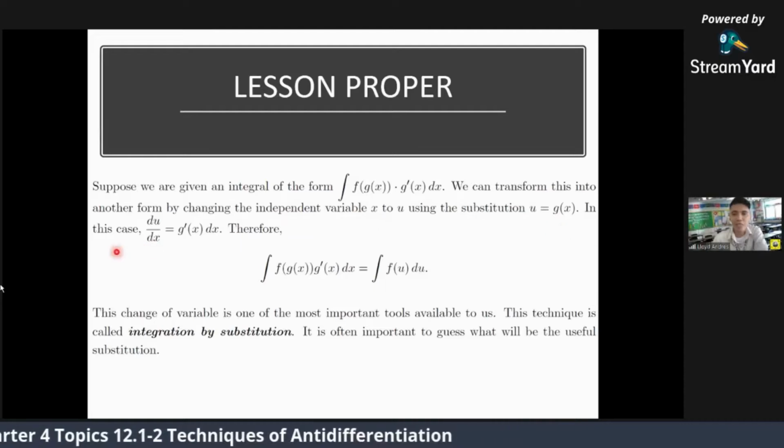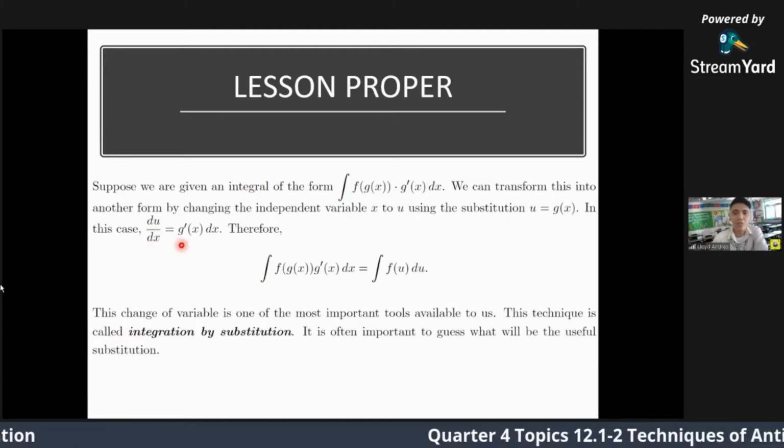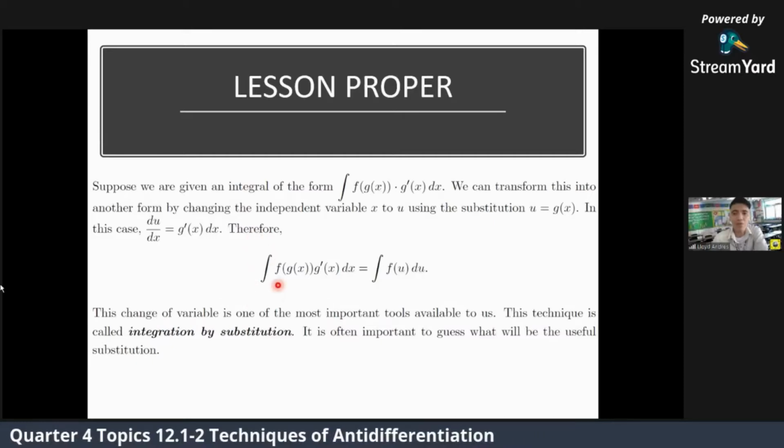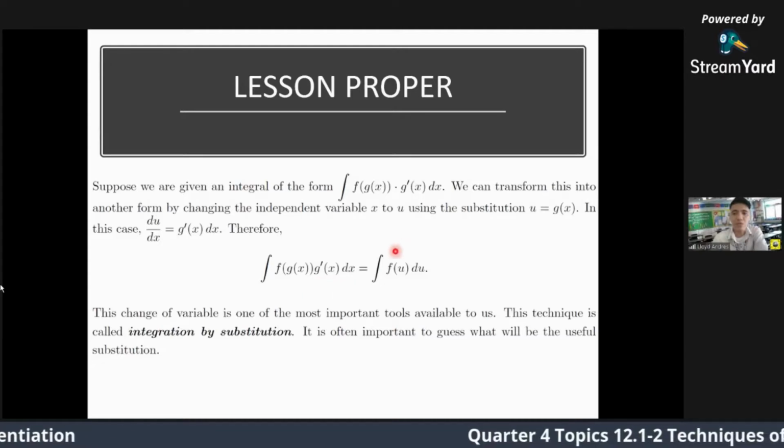In this case, the derivative of u, du over dx, is just equivalent to g prime of x dx. Therefore, the integral of f of g of x times g prime of x dx is equivalent to the integral of f of u du.